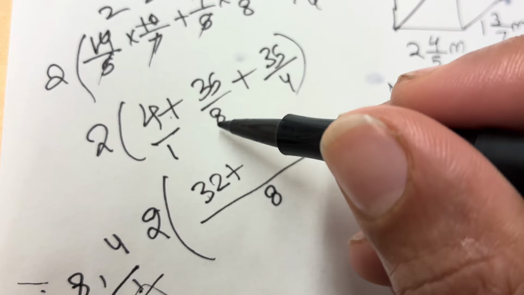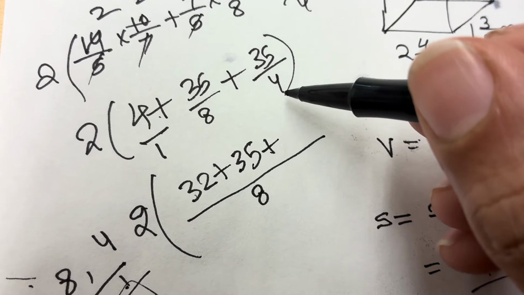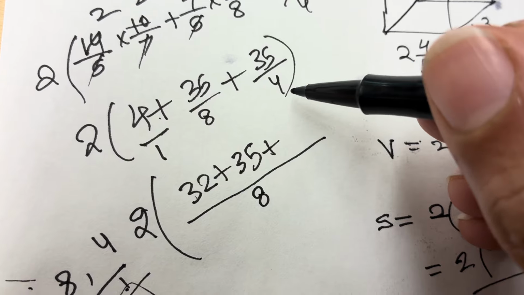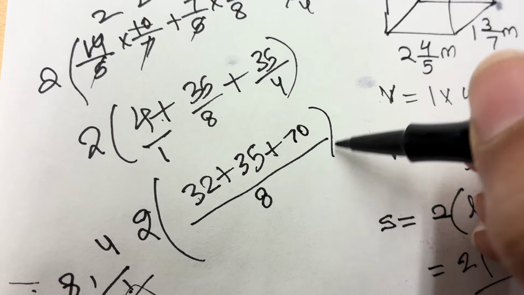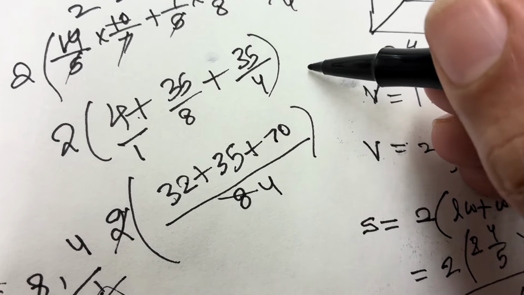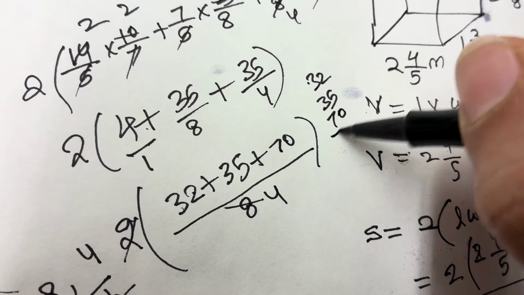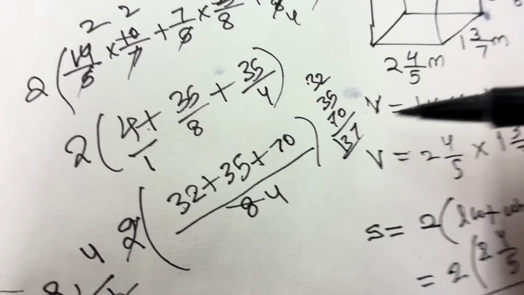And here I already have my common denominator as 8, so I'm writing my numerator as it is. And here I need to multiply the numerator and denominator by 2. 4 times 2 is 8, and 35 times 2 is 70, so I'm writing that down here. When you add up 32, 35, and 70, it comes to 137.